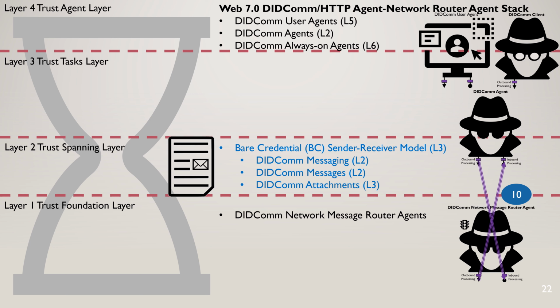It's also these network message router agents that support disconnected agents, that is, agents that are either not running at all or agents that are not accessible because they're behind a firewall. In that case, the network message router agent also acts as a cache for these authcrypted messages, and they will stay in the cache until that disconnected agent comes online.